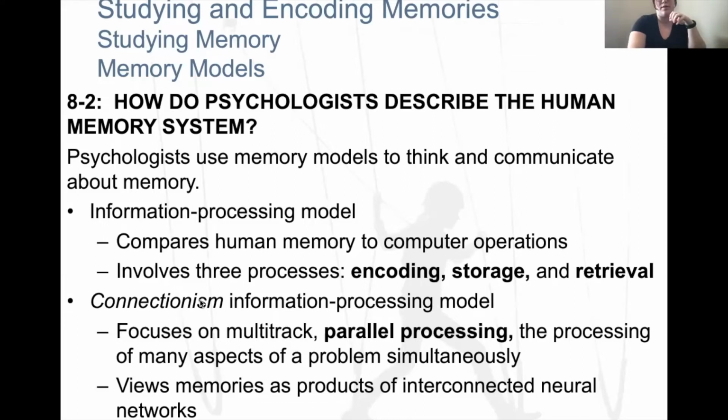Another model is the connectionism information processing model. This focuses on multi-track parallel processing, which is the processing of many aspects of a problem simultaneously. It views memories as products of interconnected neural networks. So multiple things happening at once in the brain producing a memory.